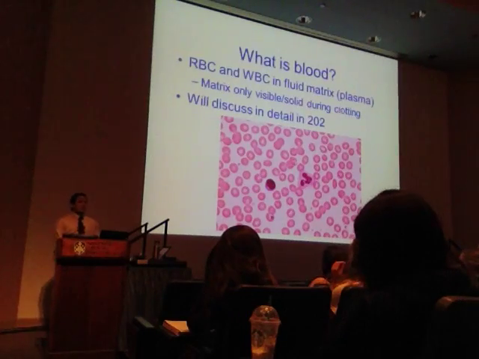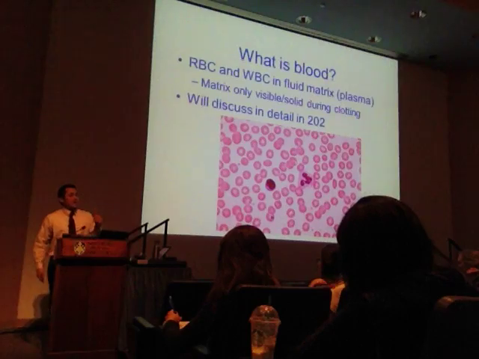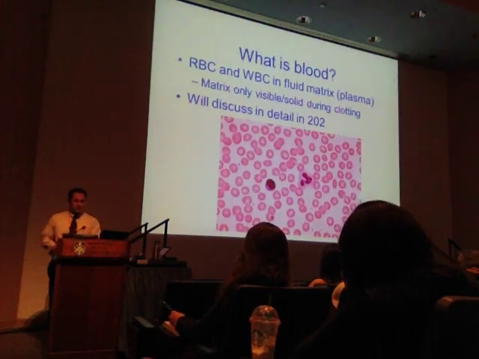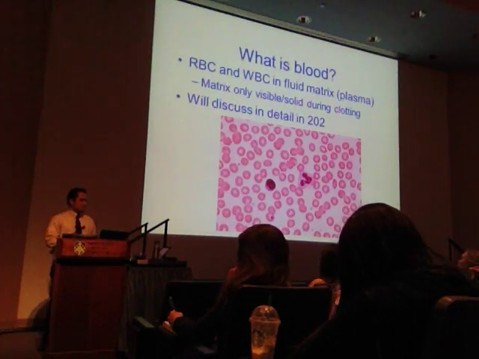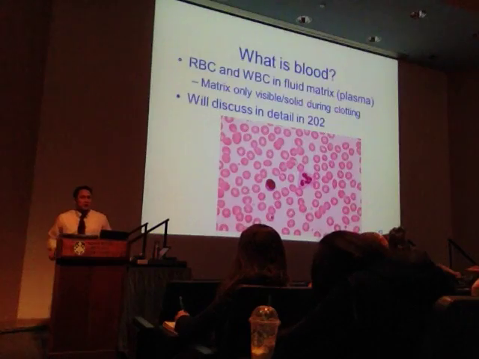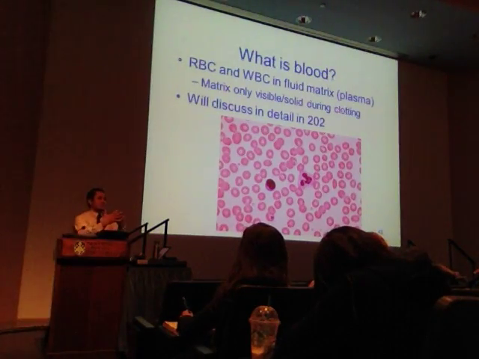Okay, blood. Blood is a connective tissue. I'll say it again. Blood is a type of connective tissue. Now, the matrix itself you only see when the blood clots. But if you look at clotted blood under a microscope, and you'll see this in 202 much more apparently, you can absolutely see the matrix fibers.